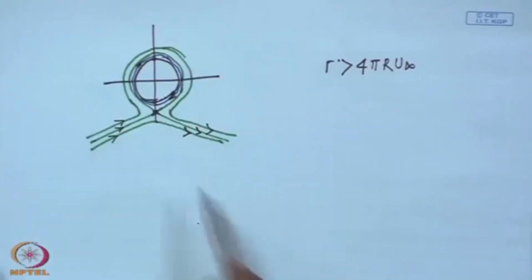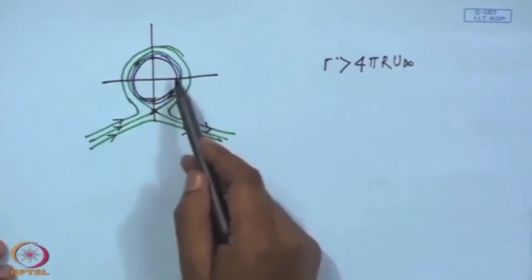Even you will find that if you increase the spinning velocity of the cylinder, a situation will come when some fluid close to the cylinder will just rotate with it, it will not flow, because that corresponds to this situation, where the streamlines representing the general flow are these, but there is some fluid within these closed streamlines.